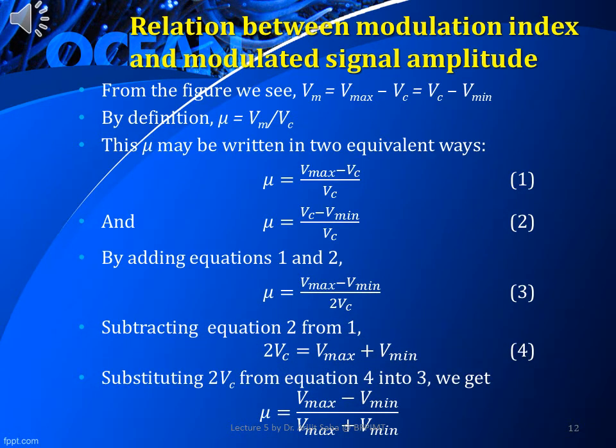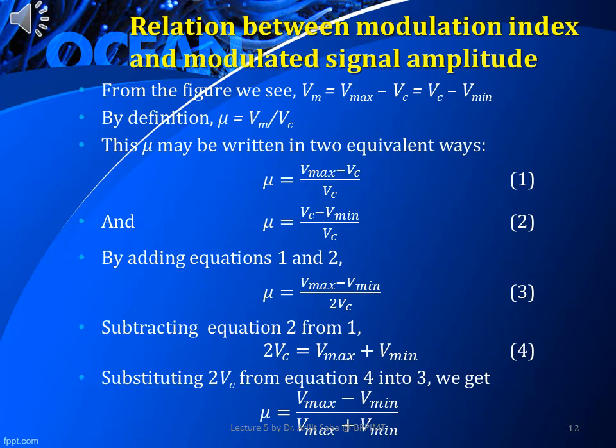We want to derive the relation between modulation index and modulated signal amplitude. From the previous figure, we see that V_m = V_max − V_c = V_c − V_min. So by definition, μ = V_m/V_c. This μ may be written in two equivalent ways: μ = (V_max − V_c)/V_c, or μ = (V_c − V_min)/V_c.